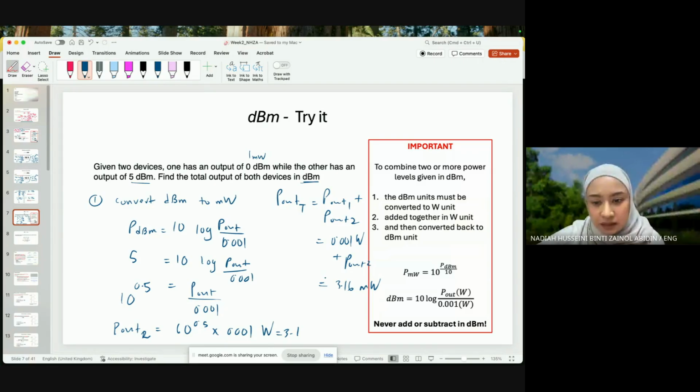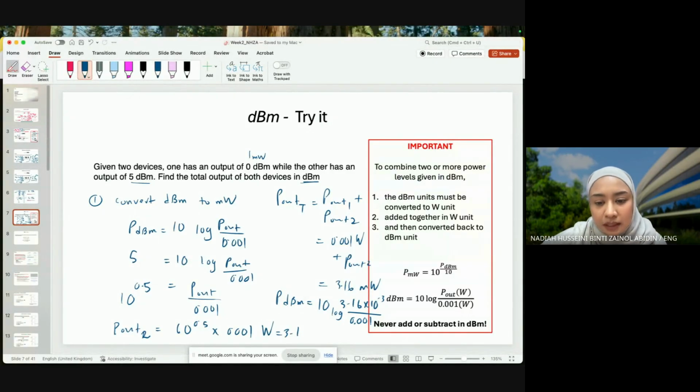Okay. Thank you. And then we have to convert it back to dBm. Then 3.16 times 10 to the minus 3. Oh, I forgot the log. Divided by 0.001.